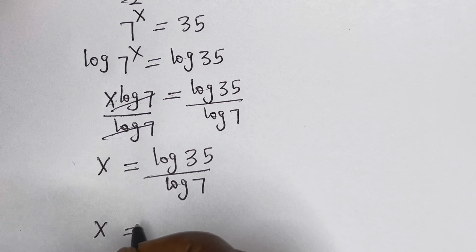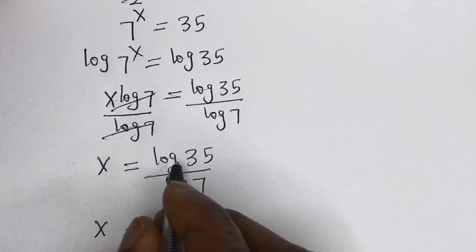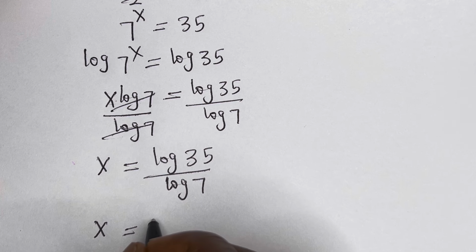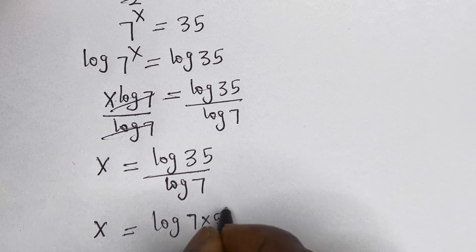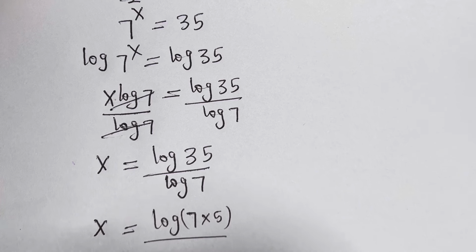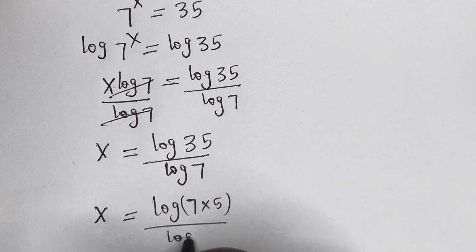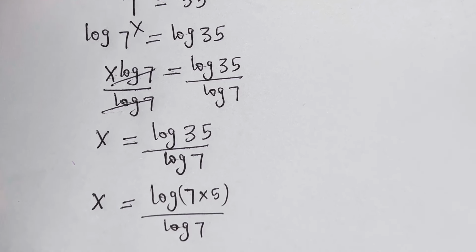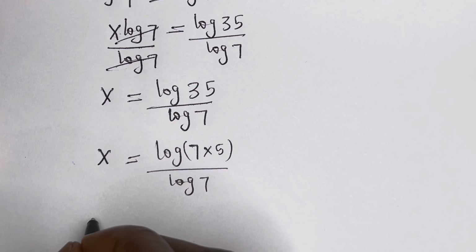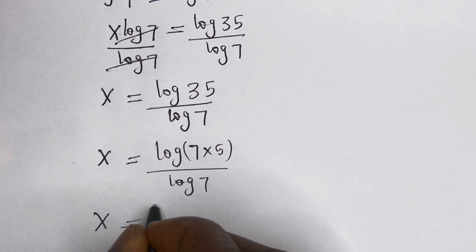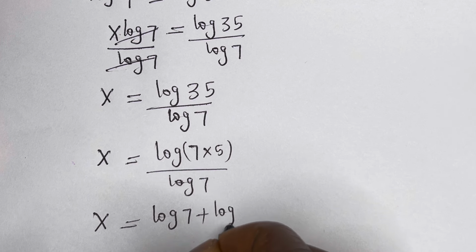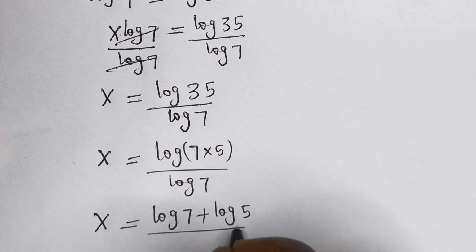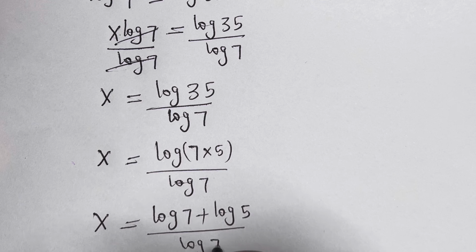s is equal to log 35, which can be written as log 7 multiplied by 5, divided by log 7. Then this is the same thing as s is equal to log 7 plus log 5 divided by log 7.